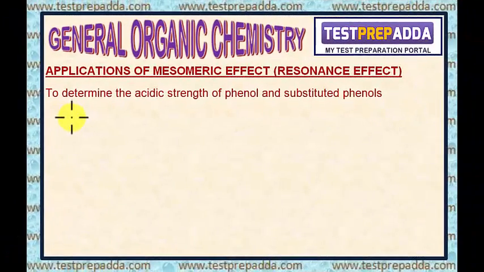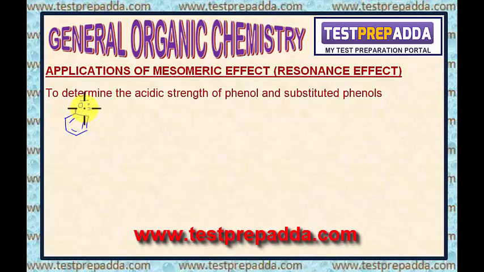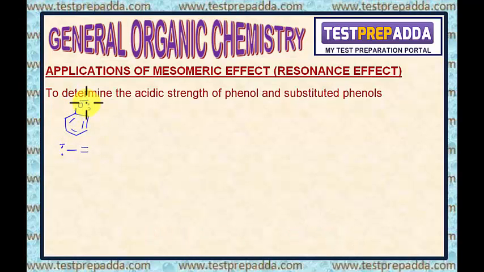Okay, if I write the structure of phenoxide ion, it is this. You can see here the lone pair is in conjugation with the double bond. So this phenoxide ion will exhibit resonance. And if I write the resonating structures here, the bond shifting will be in this manner, electronic displacement. So the next resonating structure of phenoxide ion will be this.